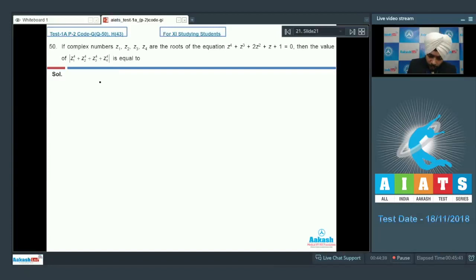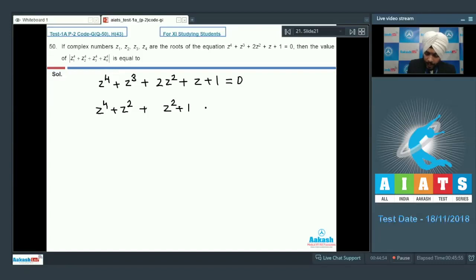Okay, so z power 4 plus z cube plus 2z square plus z plus 1. So we have to smartly factorize. I'll take 1 z square with z power 4, 1 z square with 1 and 1 z cube with z. So these are the pairs which will be giving me some factors common.